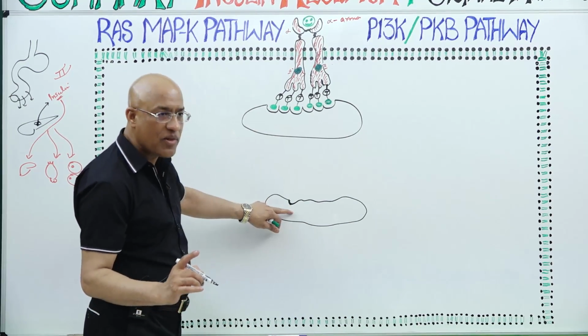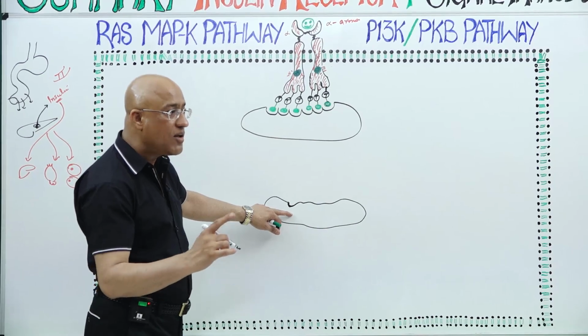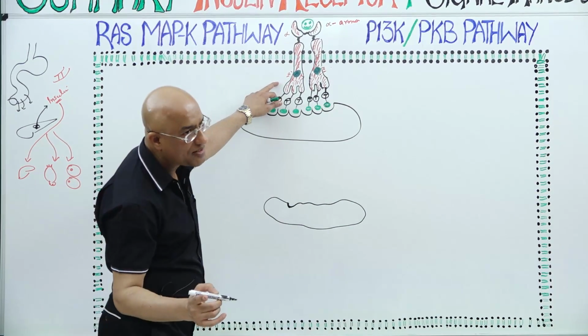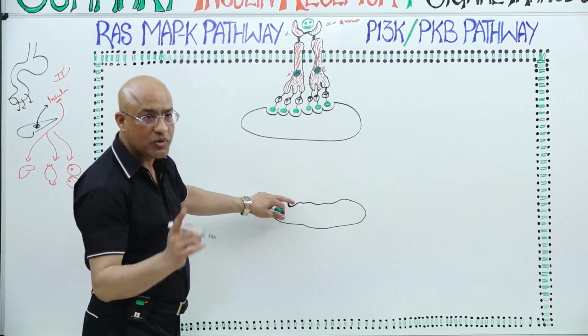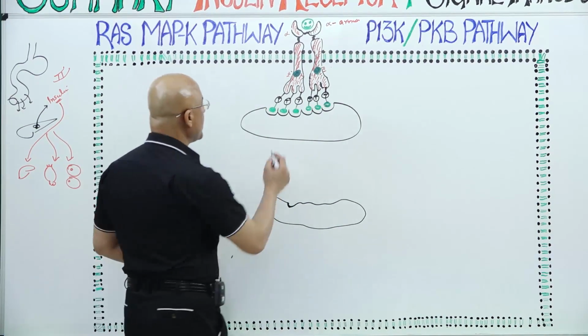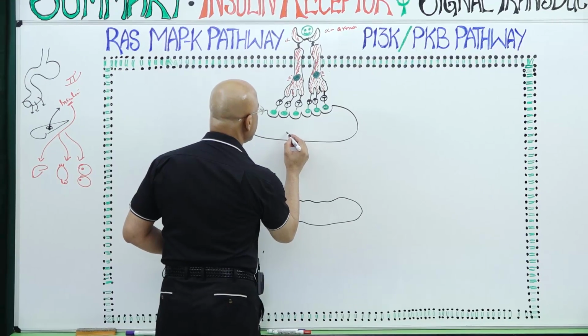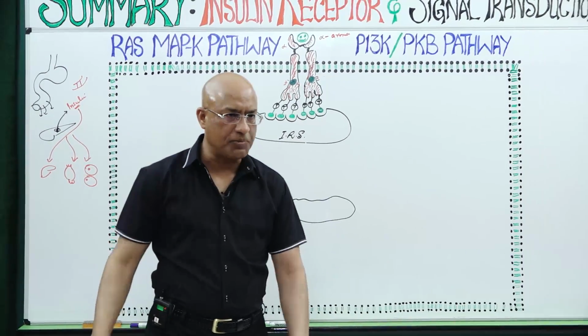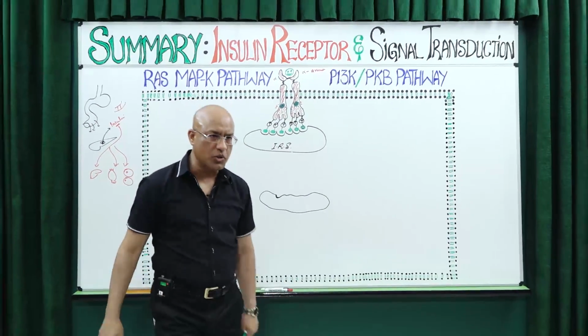This protein is a substrate for the active phosphorylated insulin receptor. So its name is insulin receptor substrate. There are many types of insulin receptor substrates depending upon the tissues, right?